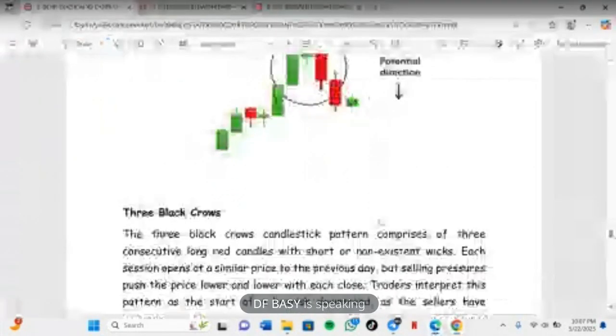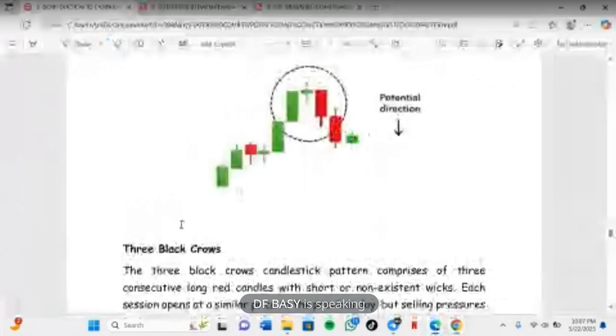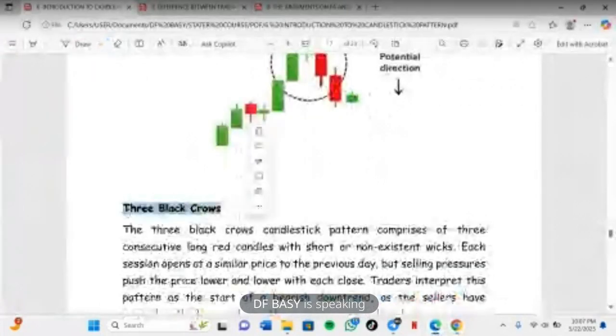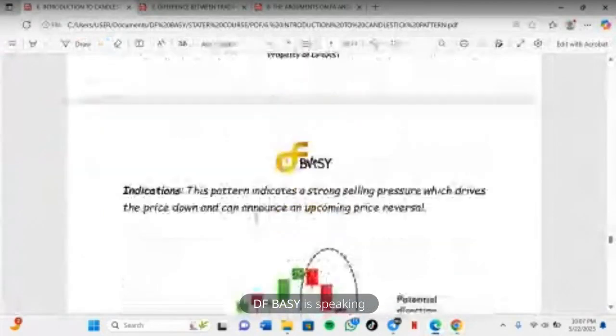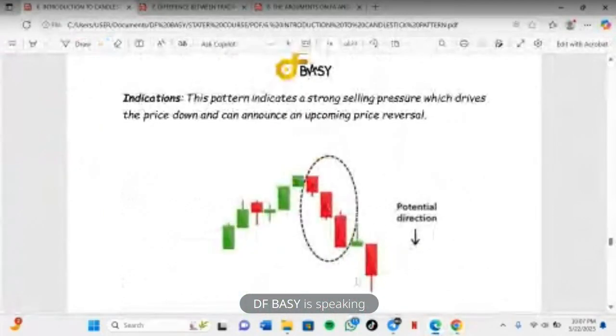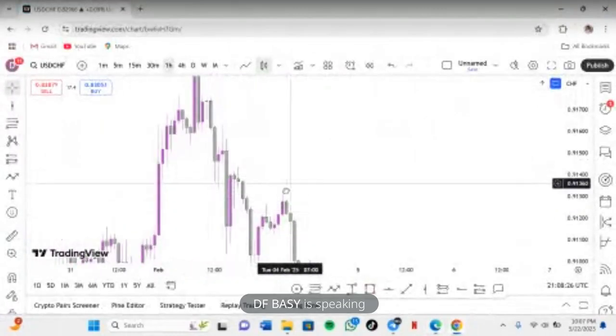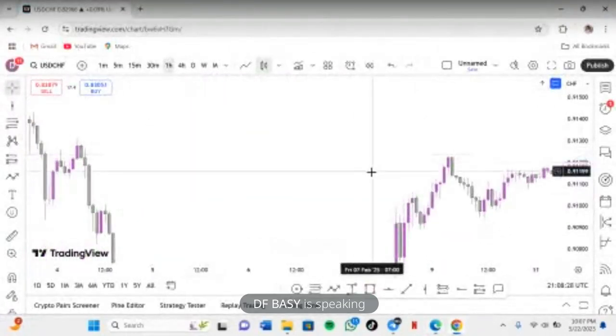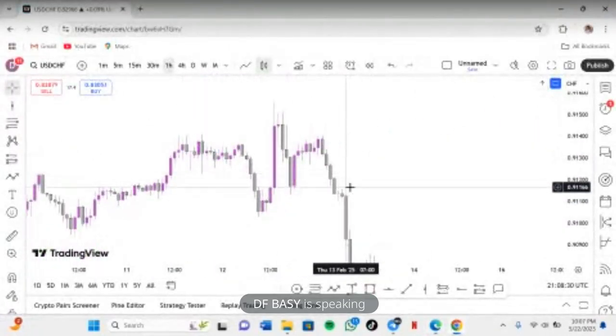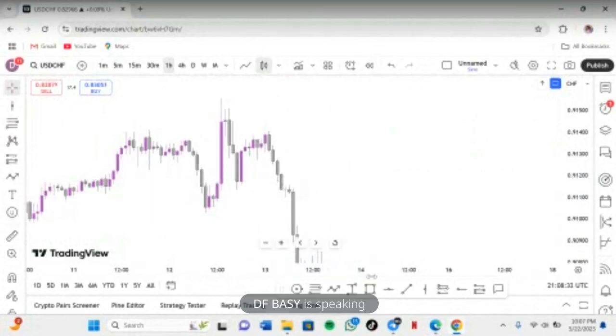All right. Remember, we have the three white soldiers. So we now have the three black crows on the bearish side. It's just the same thing: three bearish candles that show the price going down. Let me see if I can find that one. Okay, something like this.